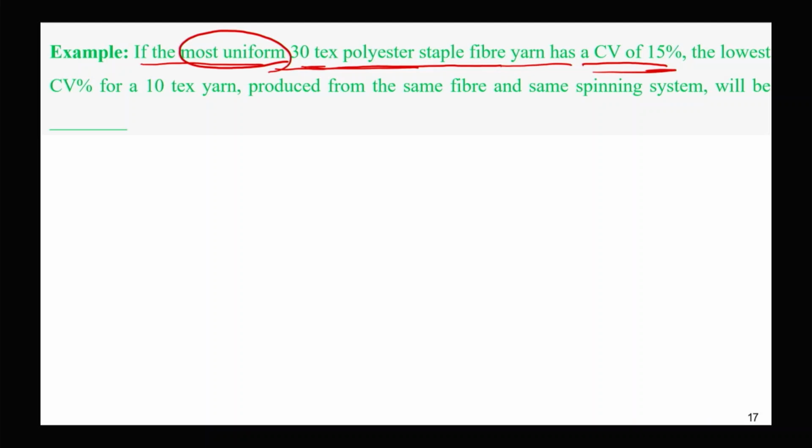So the lowest CV, the CV limit for 30 tex yarn, is 15%.